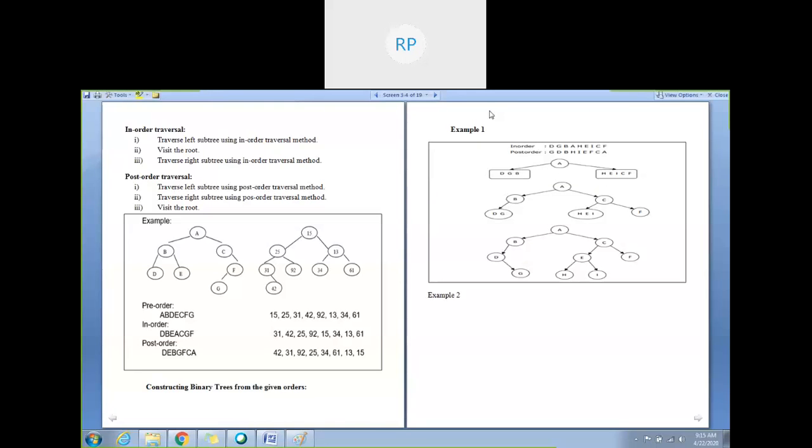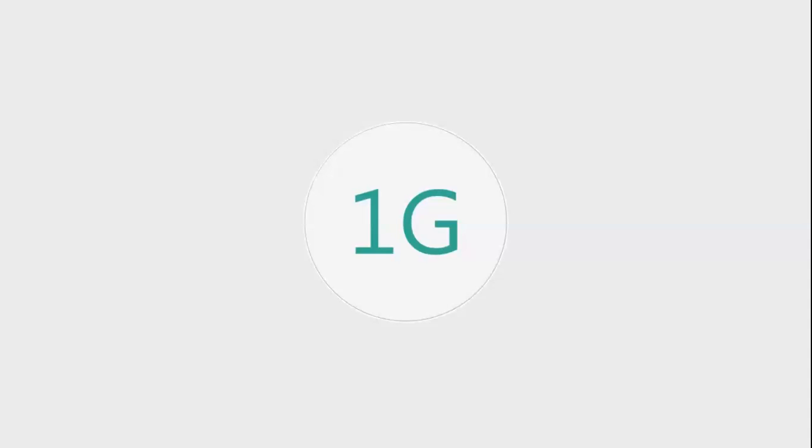Akansha, you there? Yes, ma'am. Now connected. Then I will remove this. Second one, please remove.